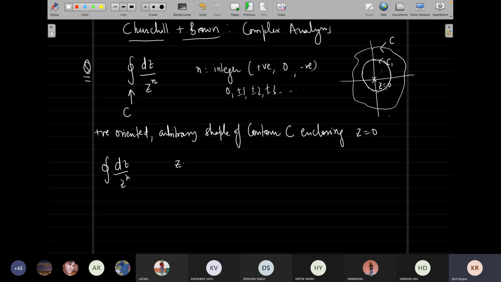So what have I taken? z is equal to r e^{iθ}. But z is centered around what? z is centered around 0. So this is r e^{iθ}, where r is fixed, because it's the equation of the circle, and θ is going from 0 to 2π.